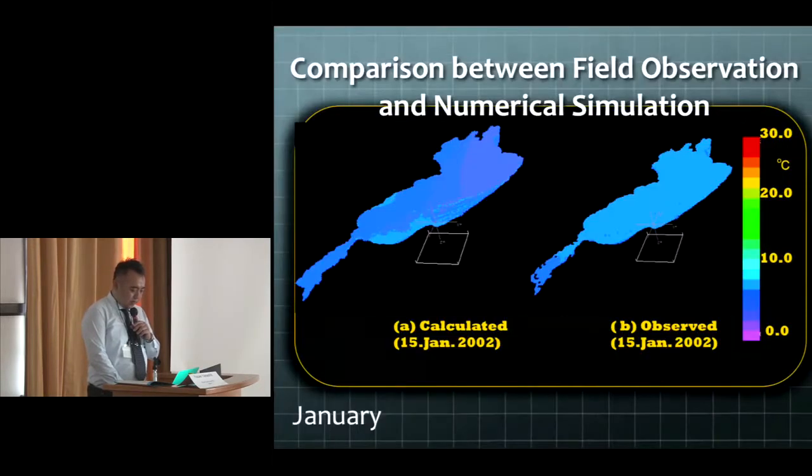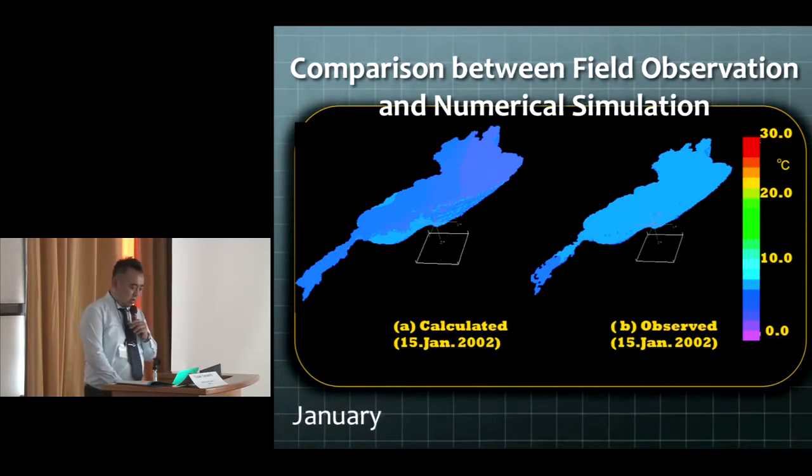Particularly in the summertime, only the surface part of the lake temperature increases, but the bottom temperature remains the same in the case of the lake. And this is a comparison using the field observation data taken by the Lake Environmental Research Institute. It was, in fact, in 2002.